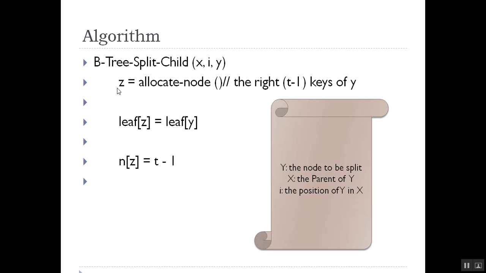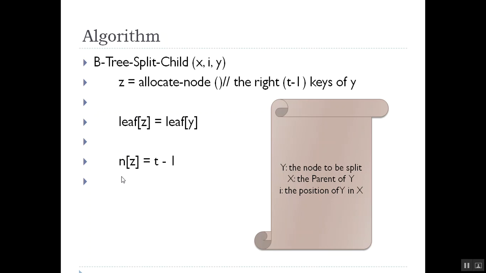So as we said, we allocate the node Z in which we are going to put the right t minus 1 keys of y. If y is a leaf, then Z also is a leaf. If y is an internal node, then Z also is an internal node. Let's remind that leaf is a Boolean variable that is true if the node is a leaf.